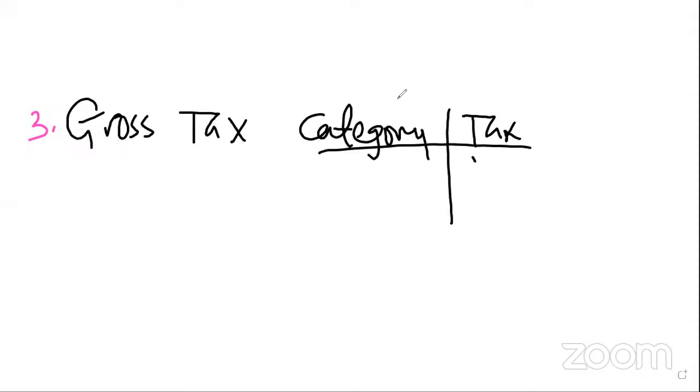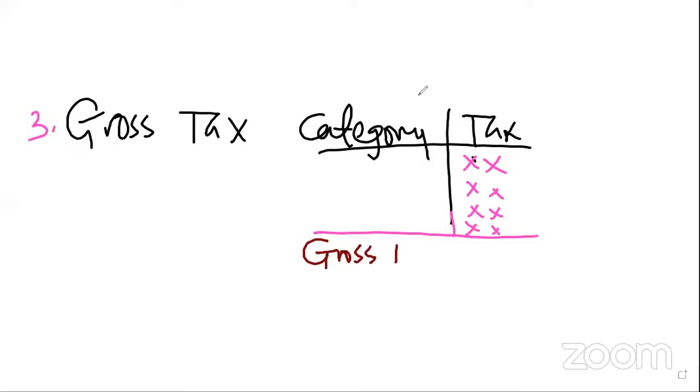So the money you got at this point, plus the money you got here, plus what you got here, plus what you got the last one. When you add all those monies, what you end up with is the gross tax. So that's where now we record our gross tax. And therefore, gross tax is the total tax that you are supposed to pay. Gross tax is the total tax.